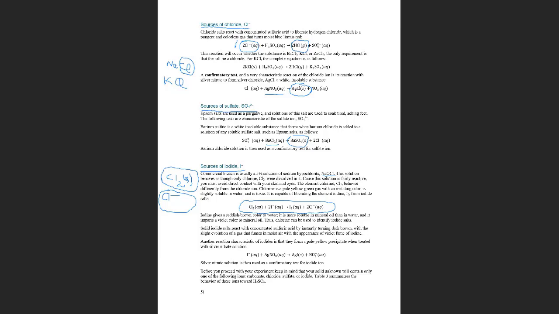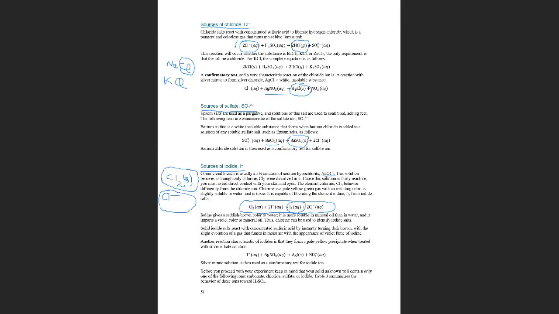So when we perform this reaction, the iodine gives a reddish, brown color in the water because of this iodine. If we mix a salt of iodide with bleach, we are going to observe that brown color in the water in the test tube.